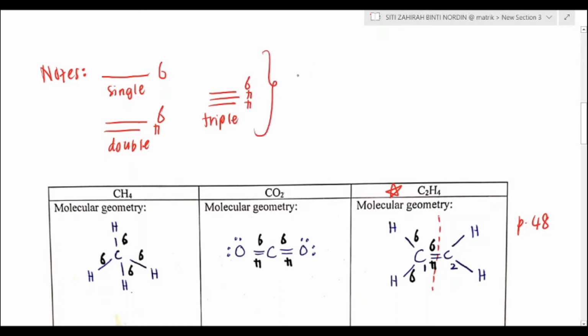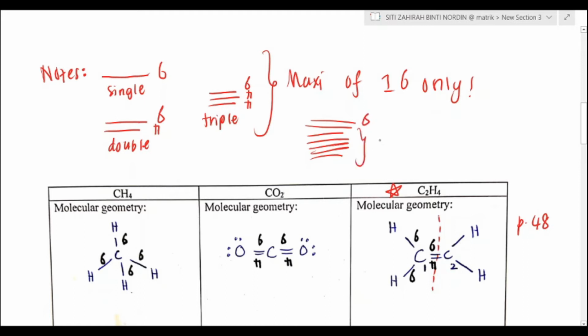So in short, for any bond, you only have a maximum of 1 sigma. Let's say I've got 7 bonds, then the first bond consists of sigma and the rest of the bonds would be pi. Just for example, but you know that the bond you're going to draw is at most a triple bond.